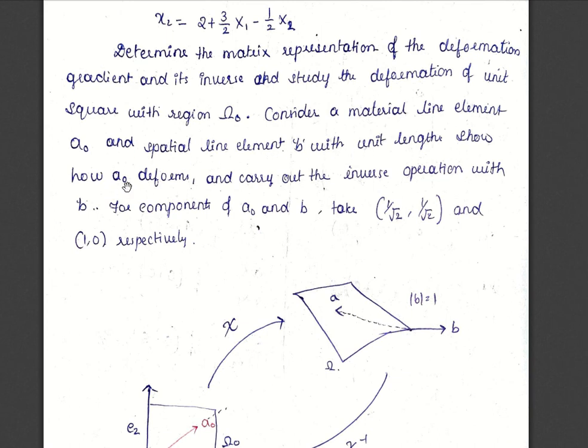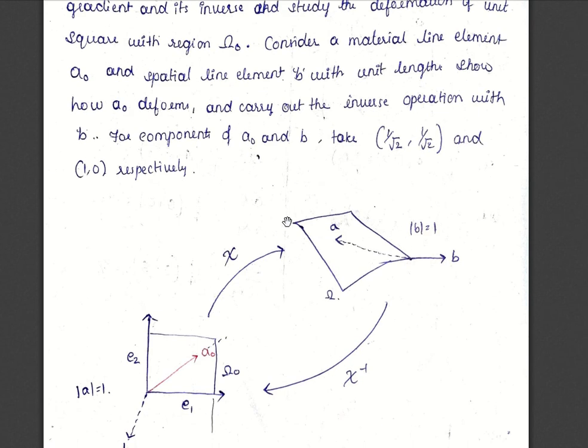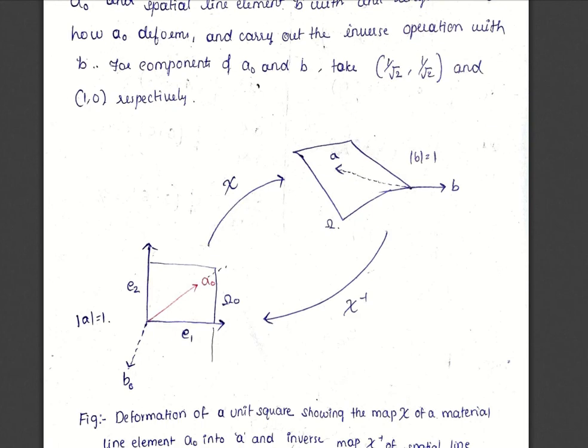Show how A naught deforms and carry out the inverse operation with B. For the components of A naught and B, take 1 by root 2, 1 by root 2 and 1, 0 respectively. So here we have to use these values for the components of A naught and B.